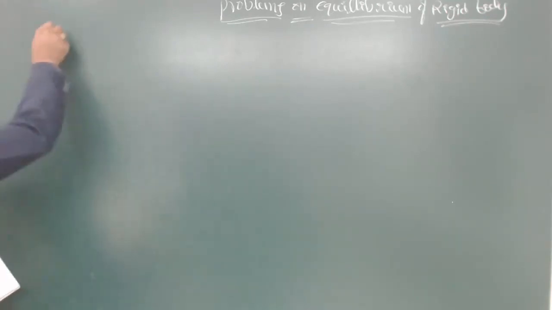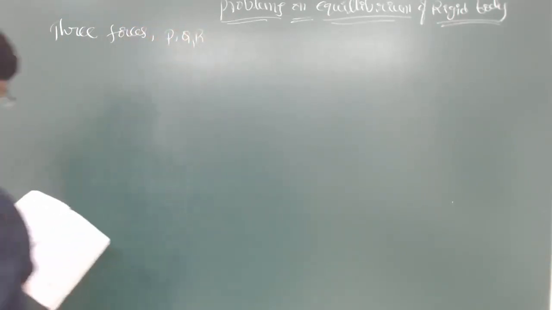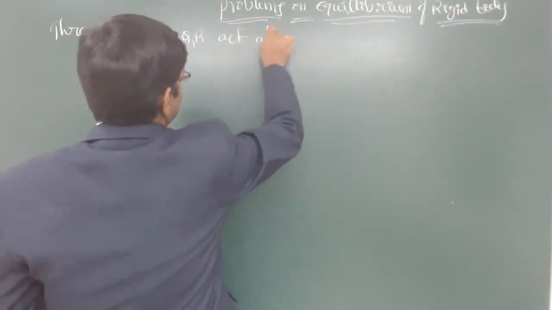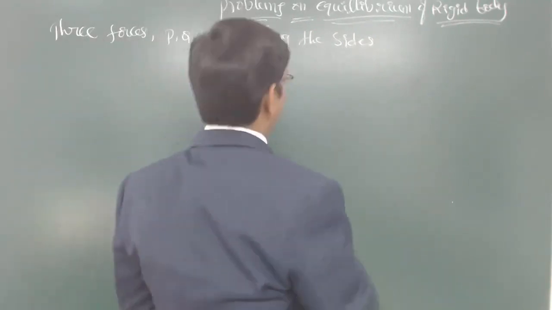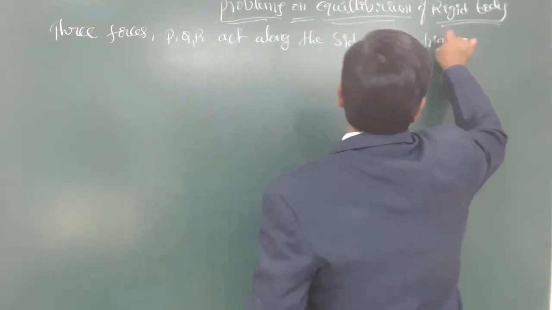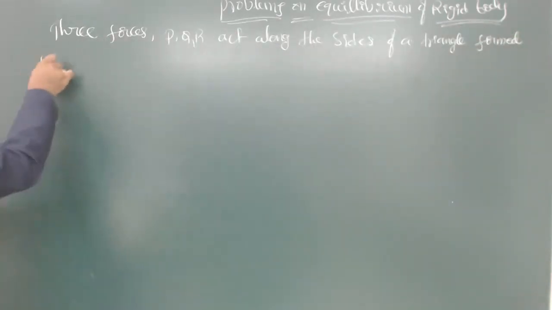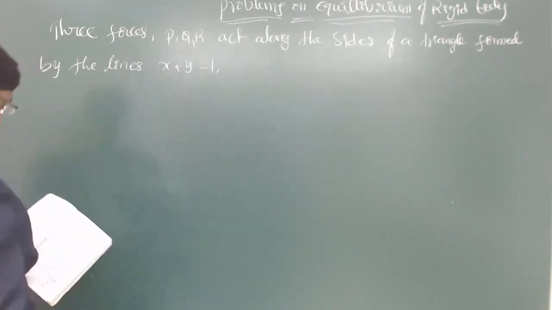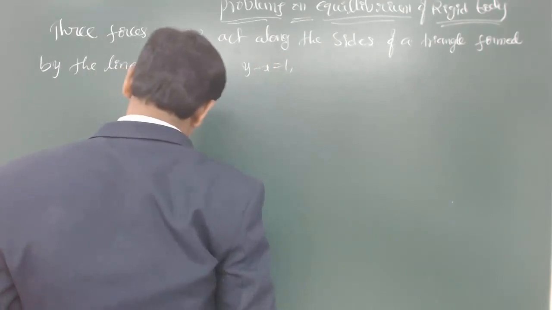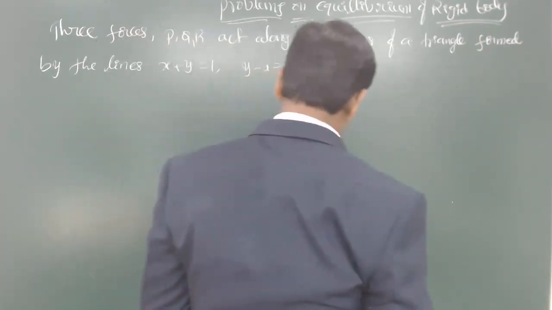Three forces P, Q, R act along the sides of a triangle formed by the lines x plus y is equal to 1, y minus x is equal to 1, and y is equal to 2. Find the equation of the line of action of the resultant.